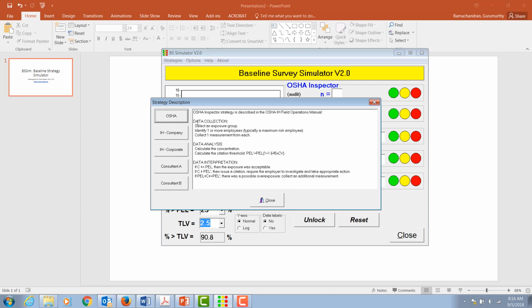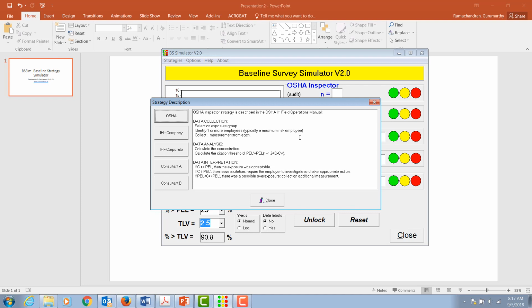The first one is the OSHA strategy. The OSHA strategy is described in the OSHA IH Field Operations Manual. And the data collection for this strategy is described as follows. You first select an exposure group and identify one or more employees that are judged to be typically maximum risk employees.